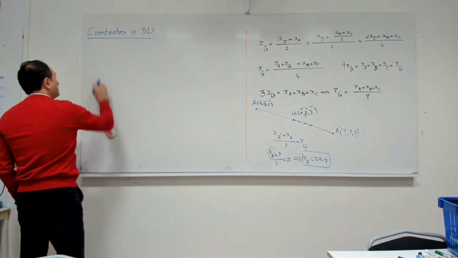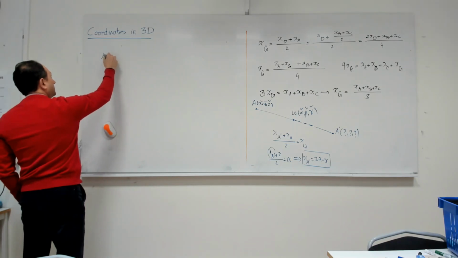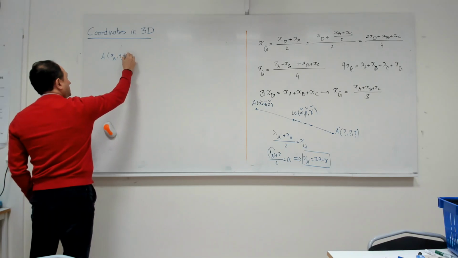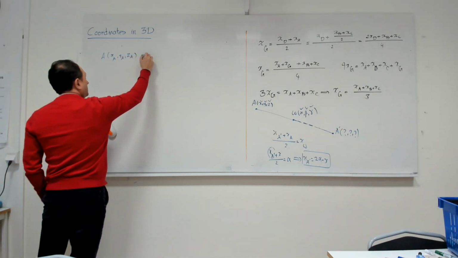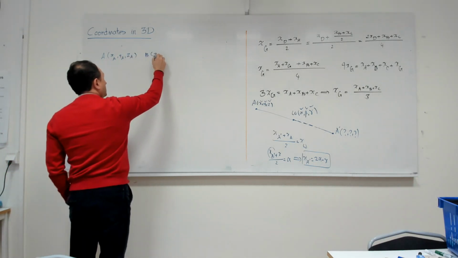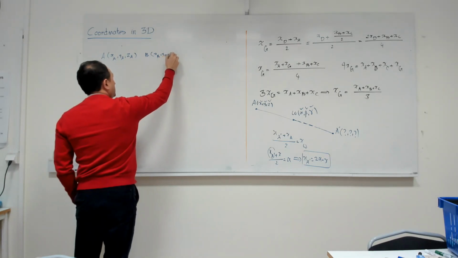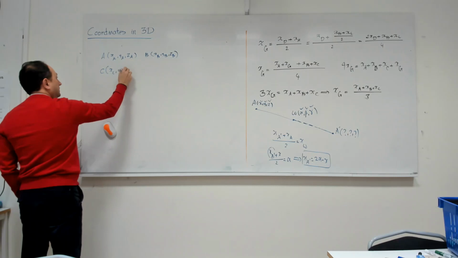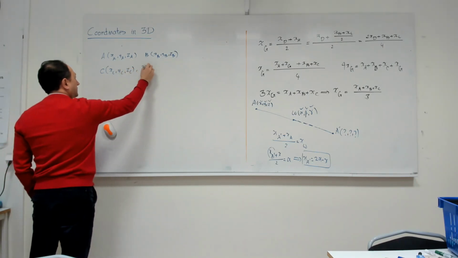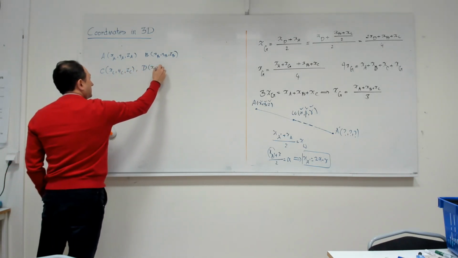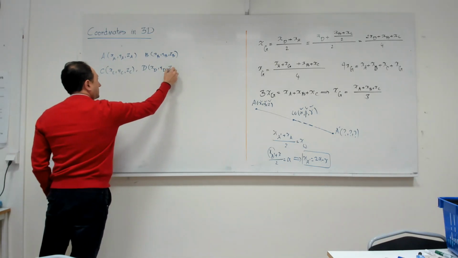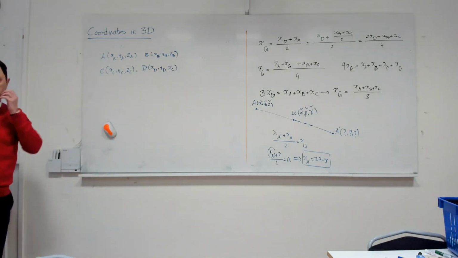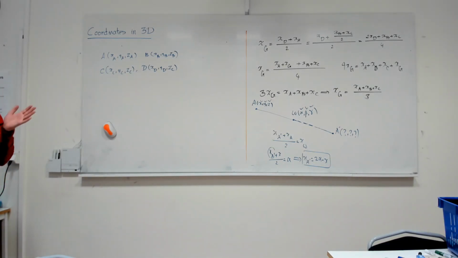So I give you 4 points, A with coordinates XA, YA, ZA, B with coordinates XB, YB, and ZB, and C. My question is that, of course, these 4 random points in space might not make a parallelogram.